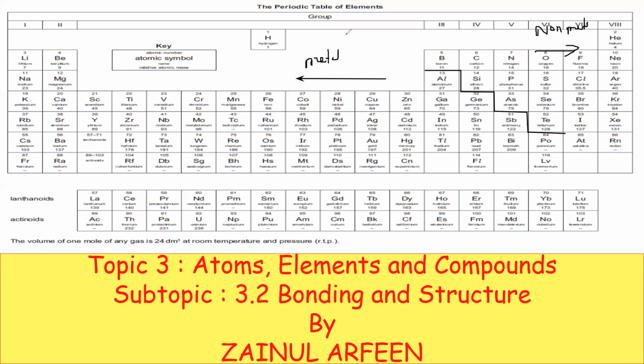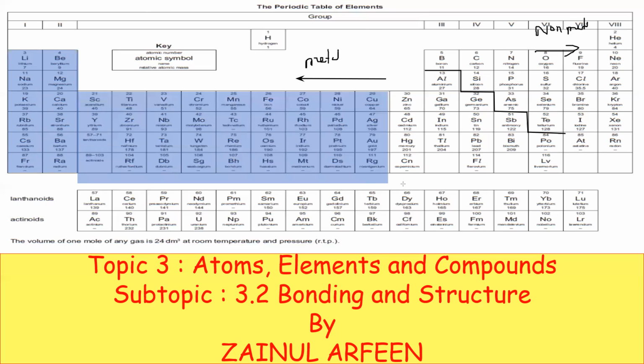In a periodic table, you find most of the elements are metals, very few of them are non-metals, and very few of them are metalloids. The shaded region, the part which I'm shading here in blue color, is representing the metals.